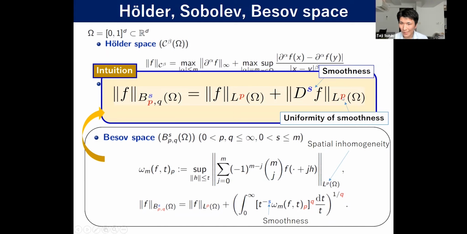But if p is small, like p is 1, we take the L1 norm. So this means that we take the average of the s-th differentiations. Therefore, just an average is bounded. The average of the derivative is bounded. So we can only ensure that the average is bounded.